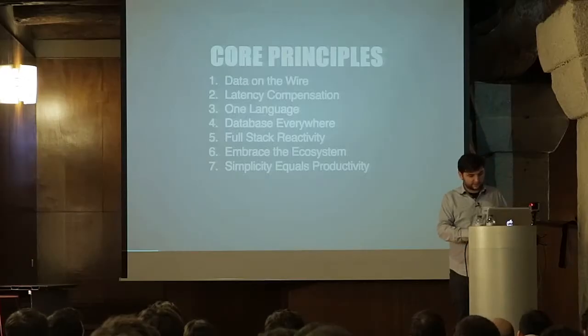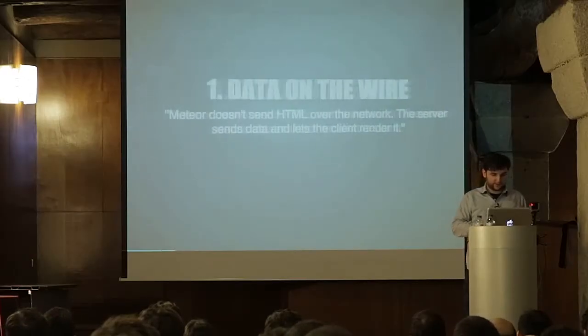Now, Meteor core principles. There are 7 of them. Data on the wire, latency compensation, one language, we all know what it is, database everywhere, full stack reactivity, embrace the ecosystem, and simplicity equals productivity. Let's take a quick look on each one of them.